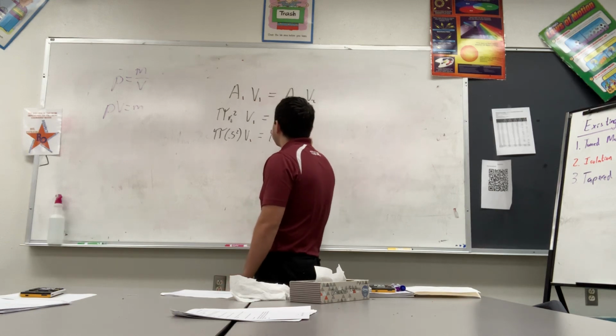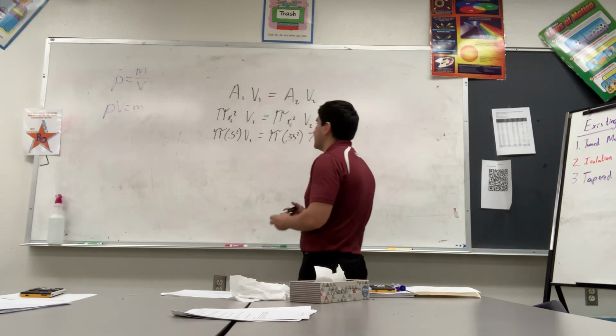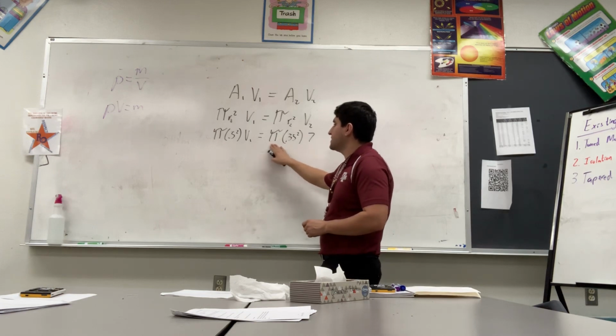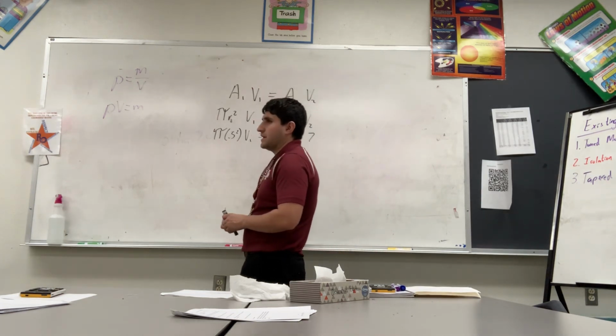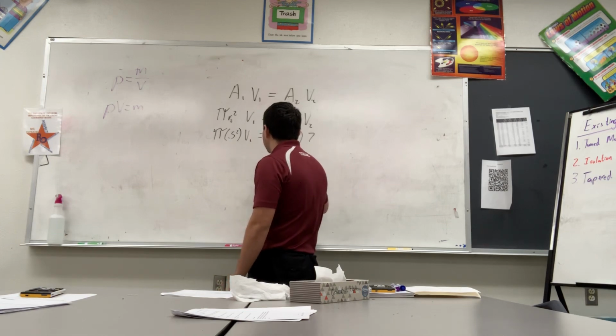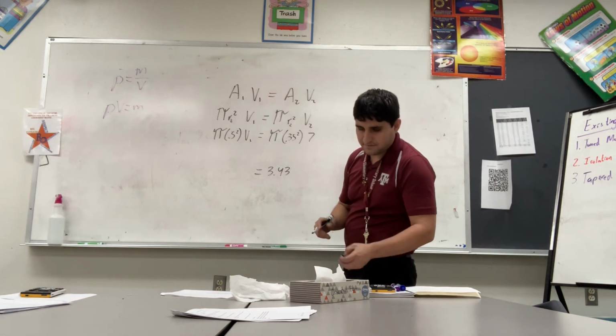We know this radius is 0.35 squared, and they tell us that velocity right there. So you multiply all of this out, and then you divide by this side, and you guys seem to end up getting 3.43. What are you getting? Oh, there we go. That's what it did.